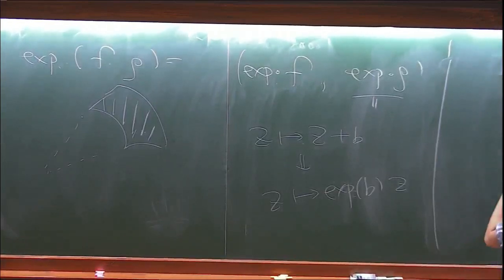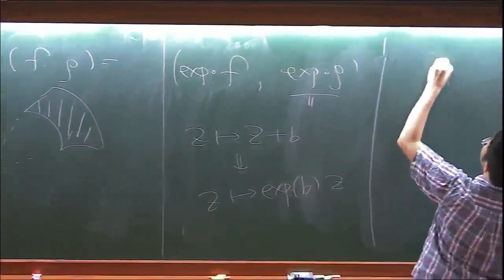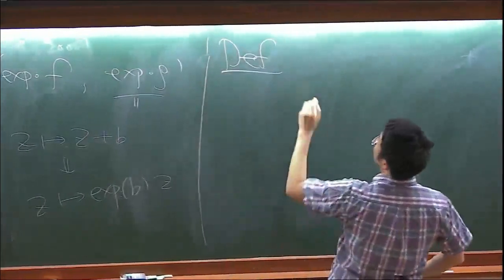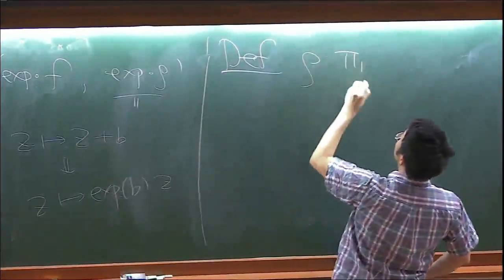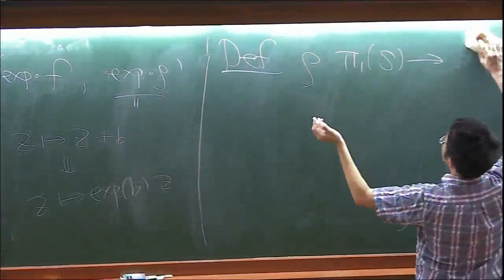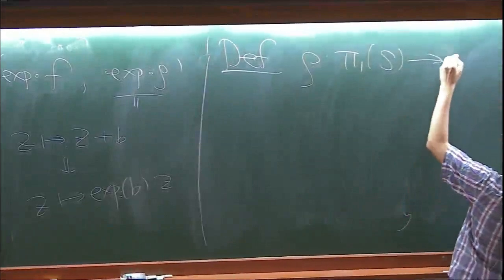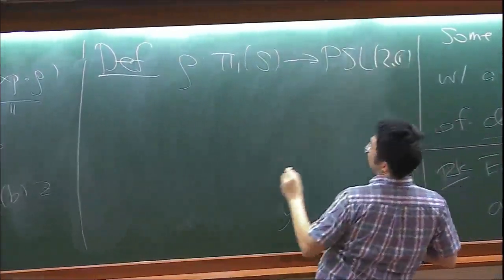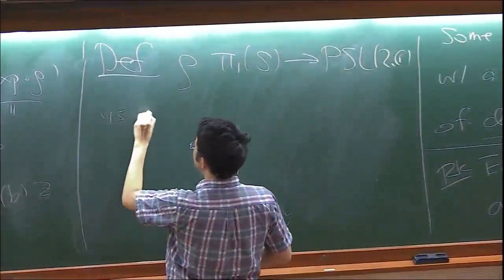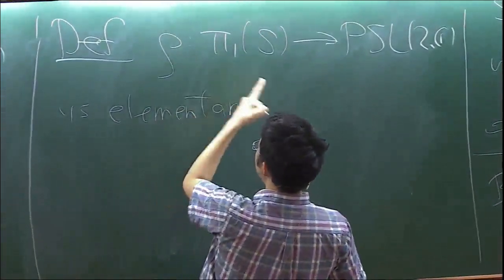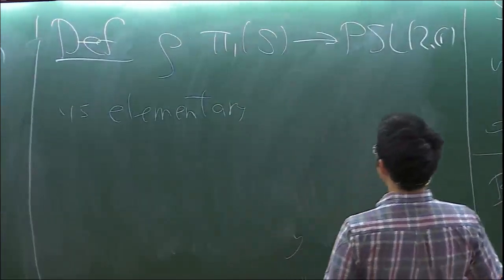Okay, so let me define. A homomorphism rho from the fundamental group of a surface into PSL2C is elementary if its image is an elementary subgroup of PSL2C.